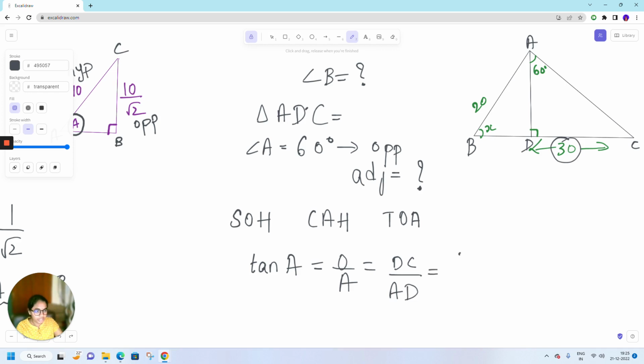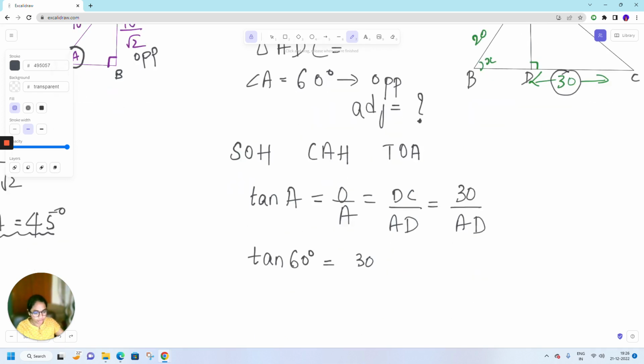What is DC? DC is 30. We don't know what is AD. What is the value of angle A? Angle A is 60 degree. So tan 60 is equal to 30 divided by AD. What is tan 60 value?